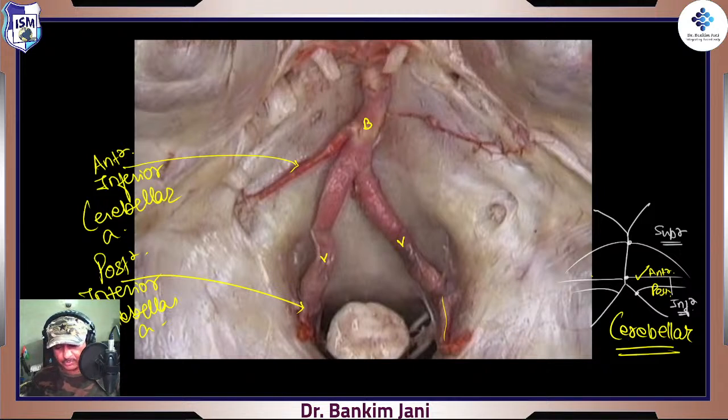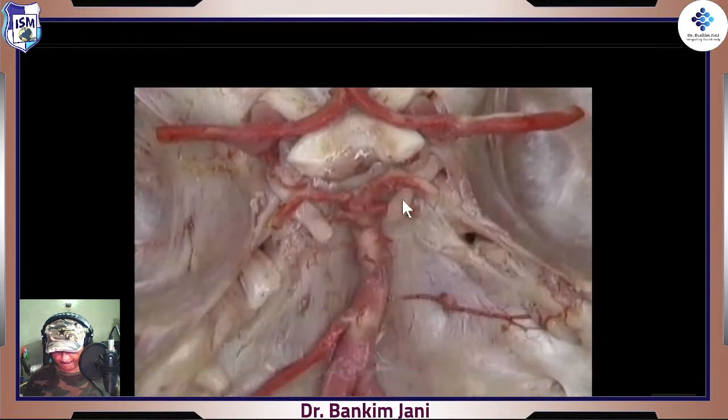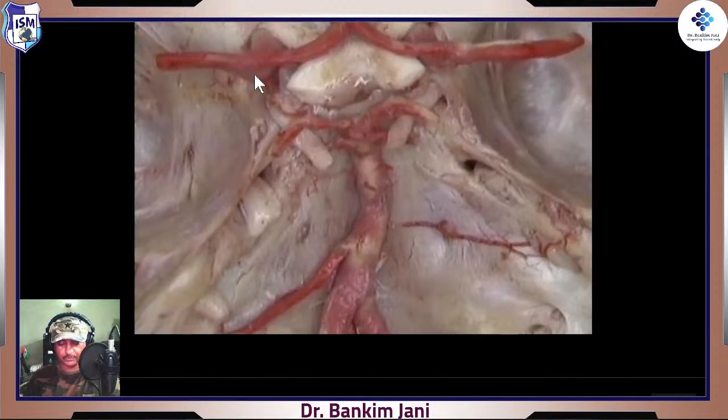Then there are some small branches, right? They will be coming up. They all are small branches to the pons, right? So all these small branches which are coming out are for the pons.